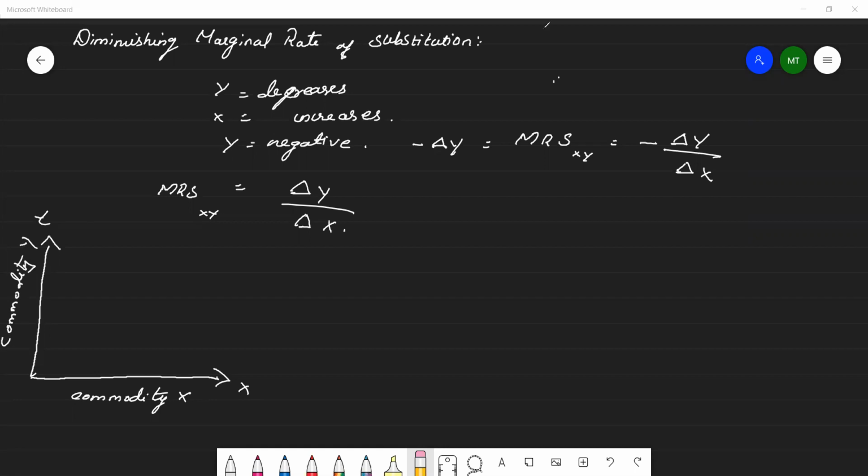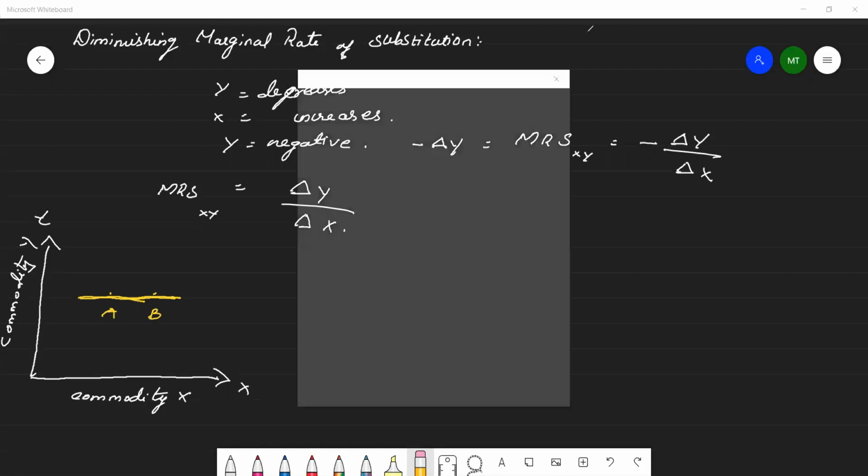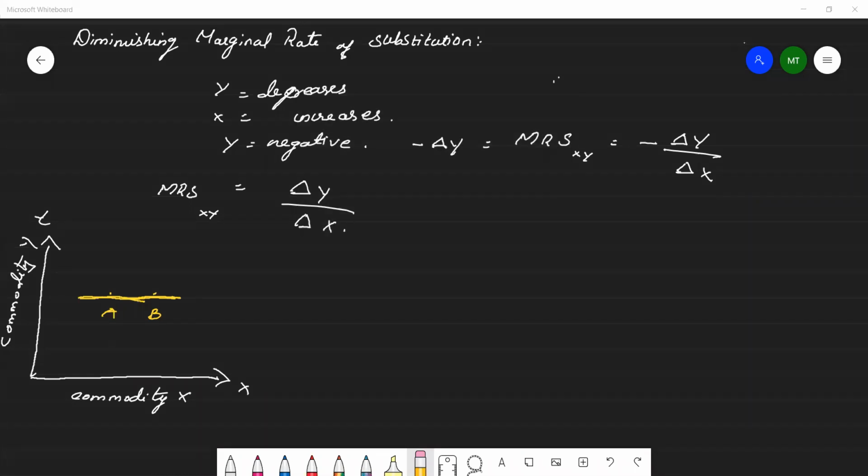The AB curve, with points A and B. That's all.